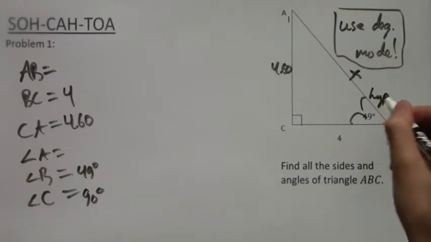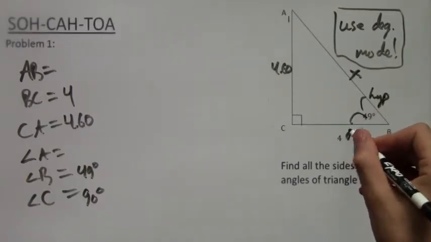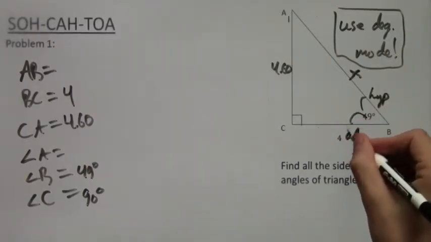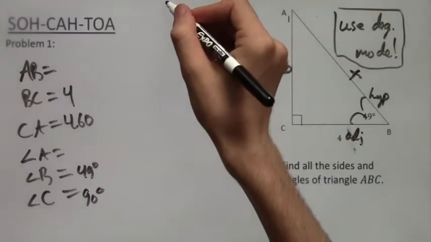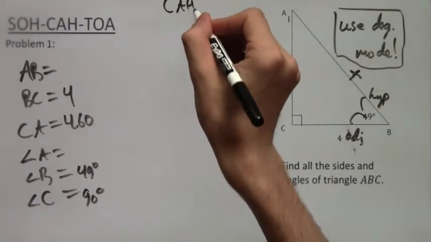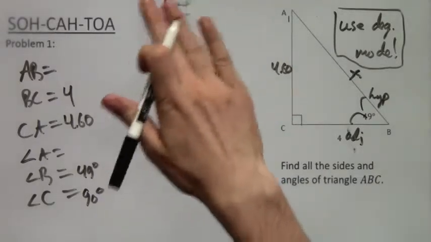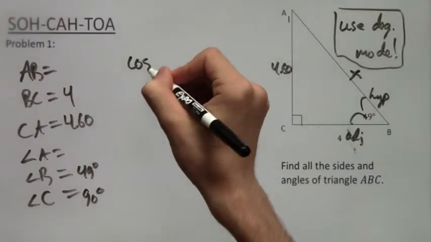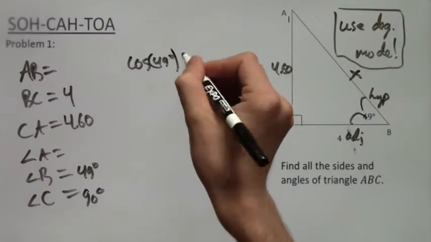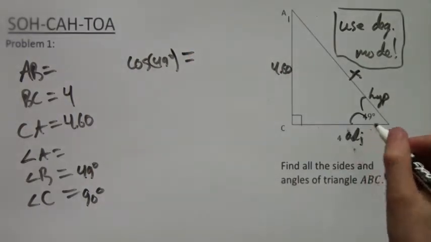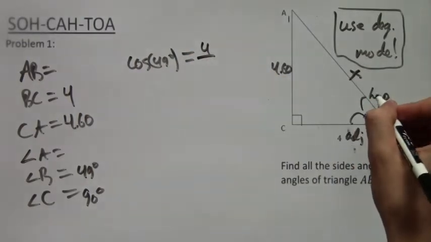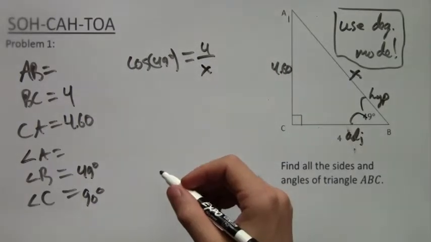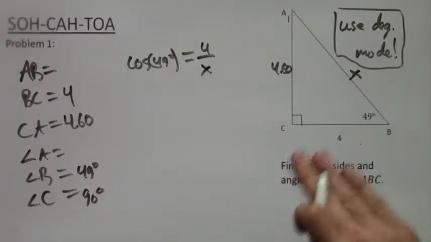So we have adjacent and hypotenuse. And which one of the three trigonometric functions, that's what we call them, relates adjacent to hypotenuse? It's cosine, because CAH, SOHCAHTOA. It's adjacent over hypotenuse. So cosine of 49 degrees equals adjacent 4 over hypotenuse x. 4 over x.